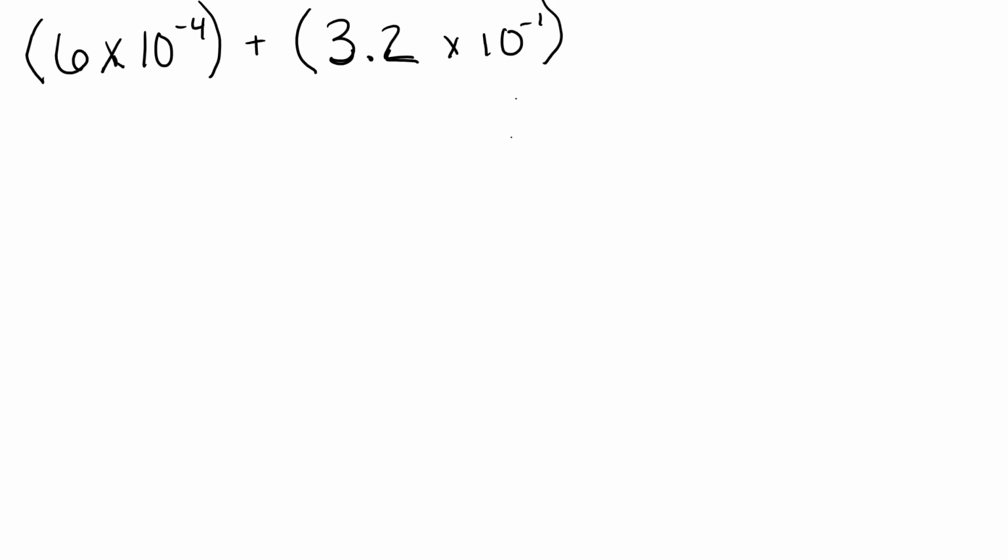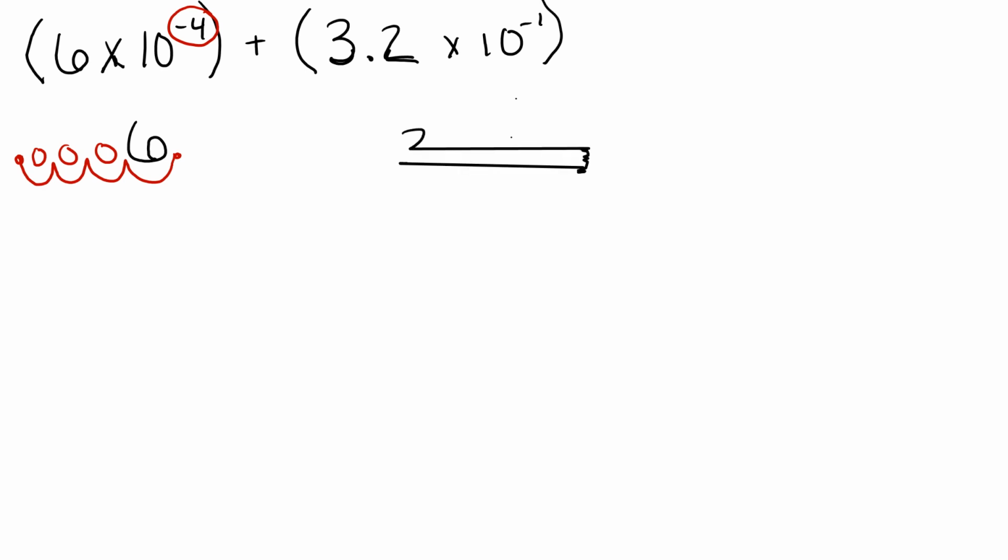We always start when we're adding or subtracting by moving our decimal point to write our answer in standard form. So for the 6, we're going to take our decimal point and move it 4 times. 1, 2, 3, 4. Notice we move the decimal towards the front. That's because the exponent is a negative 4. Negative exponents represent small numbers, and small numbers mean the zeros go in the front.